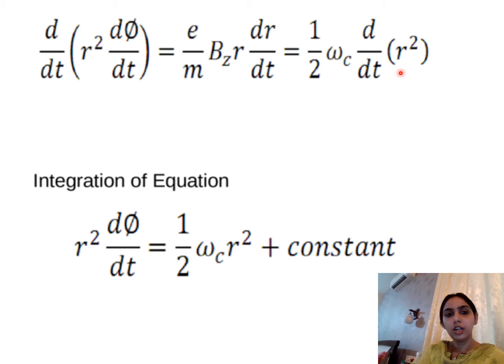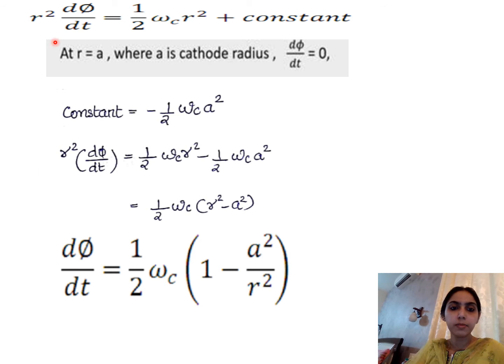Now by integrating the above equation, I get r square d phi by dt is equal to half omega c r square plus a constant. From this expression, when r is equal to a, the cathode radius, the angular velocity d phi by dt will be equal to 0.